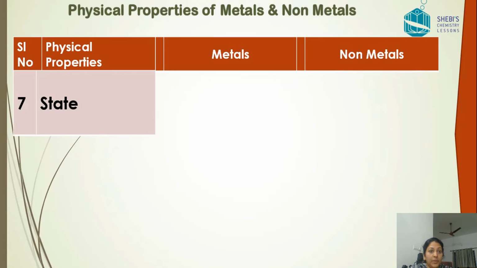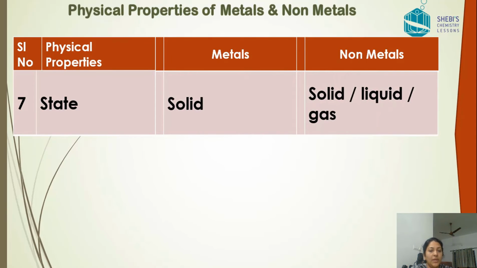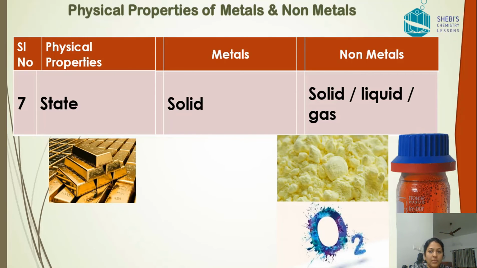So here moving to the next physical property, state. Metals are generally solids. Non-metals can exist as solid, liquid, or gas. Let's see some examples. Here you can see metals like silver, gold, zinc, magnesium, copper. Many examples are there. They are generally solids.